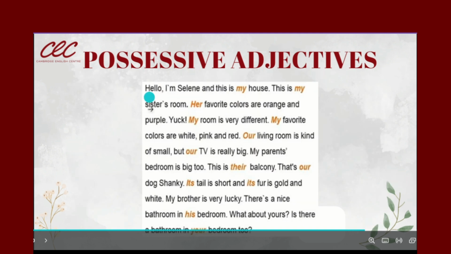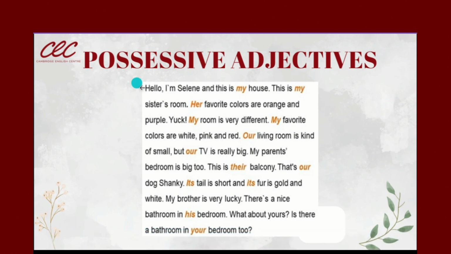Now, let's see one example. Here we have a text, okay? Hello, I'm Celine and this is my house. My house refers to Celine. This is my sister's room. My sister's room. My, Celine, right?